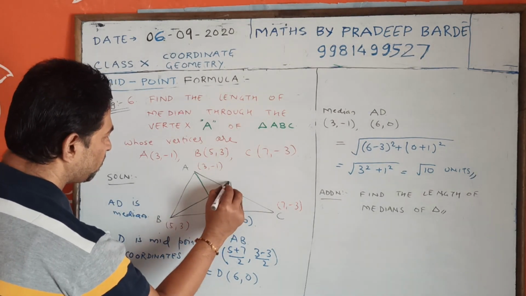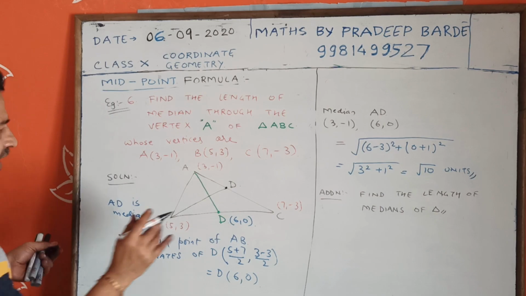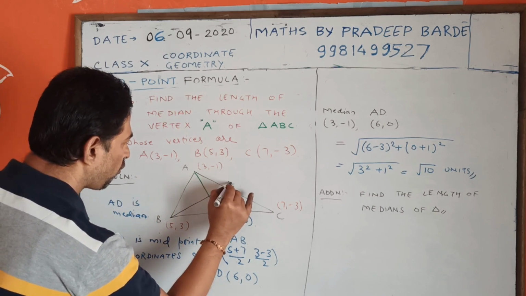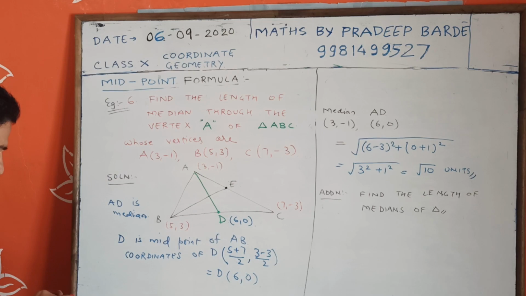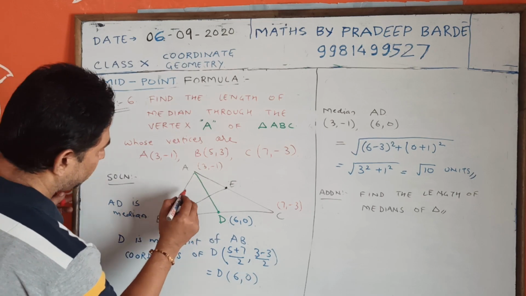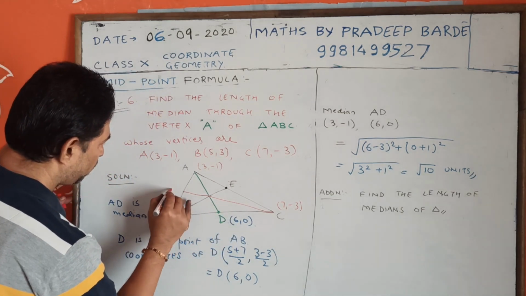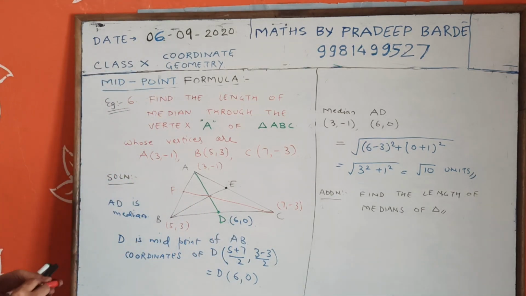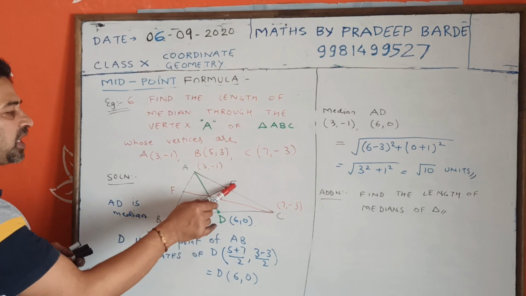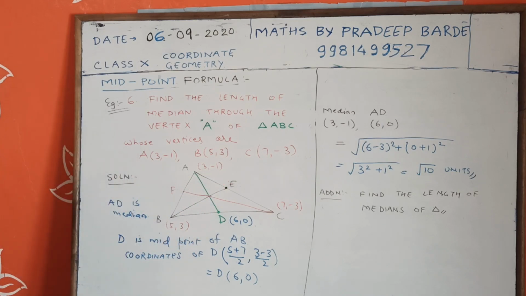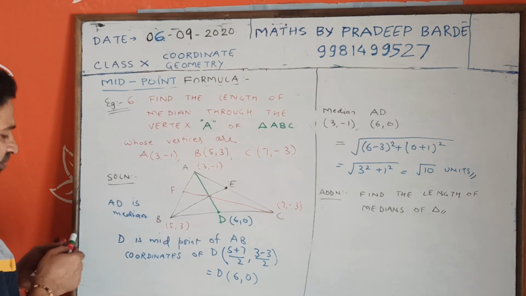One was AD, second is BE, and the third one would be CF. तो सबसे पहले आप DEF के मिड पॉइंट्स निकाल लेंगे. कॉन्सेप्ट अभी हमने डिस्कस किया.